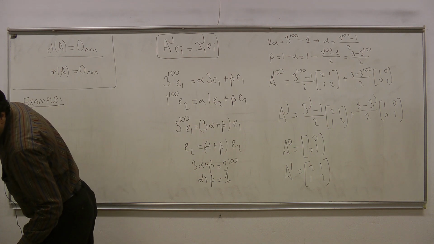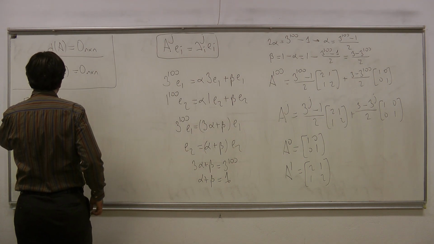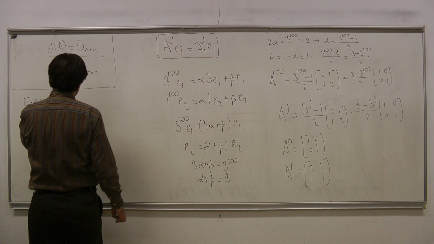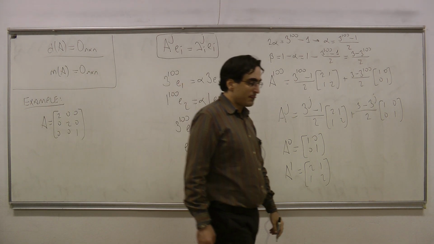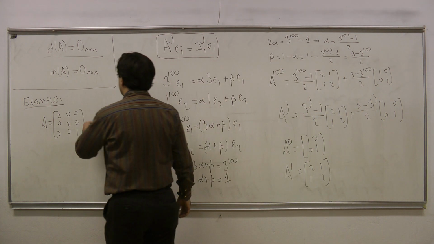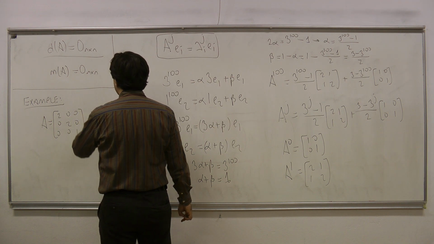In the example, I have the following matrix, A equals 2, 2, 1. So this is my matrix. And the first thing that I'm going to do is to calculate the characteristic polynomial, d of s.